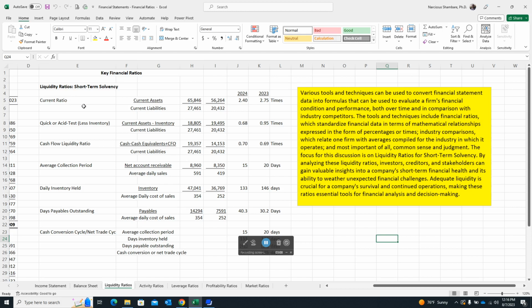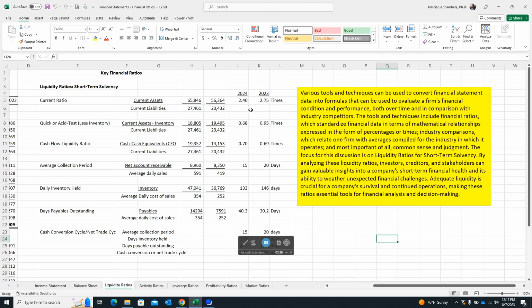So the first one is called the current ratio. All you're doing is expressing current assets over current liabilities. In other words, all those short-term assets that you own expressed over the current liabilities. In this particular case, we've got 2023 and 2024, and it's telling us that there's been a slight decline.